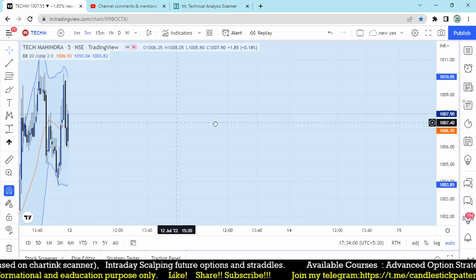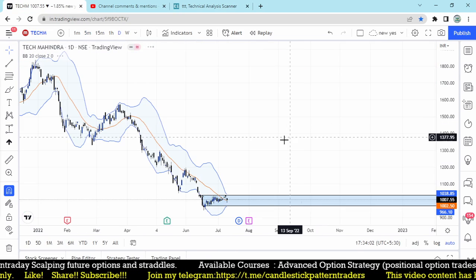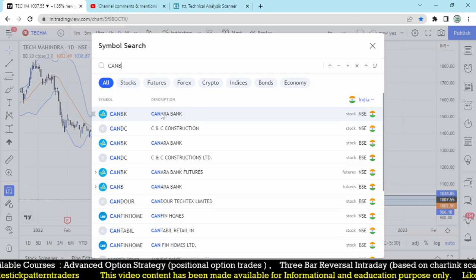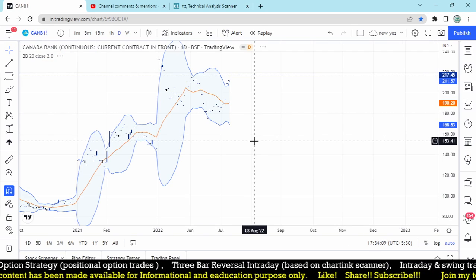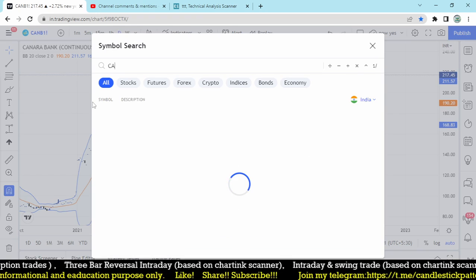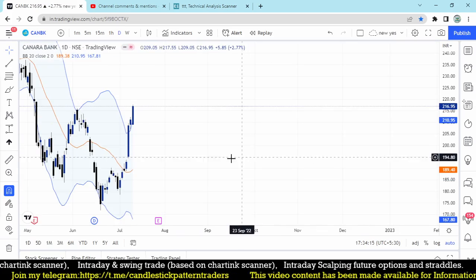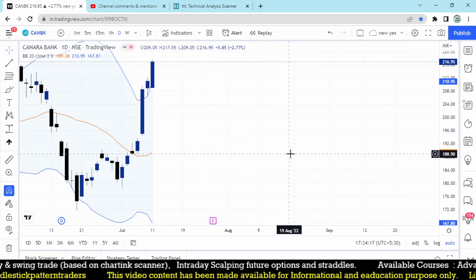So let me go for Can Bank on a daily basis. It has already moved very well this month. Canara Bank, okay, it's only stocks. Can you see that this is Canara Bank?